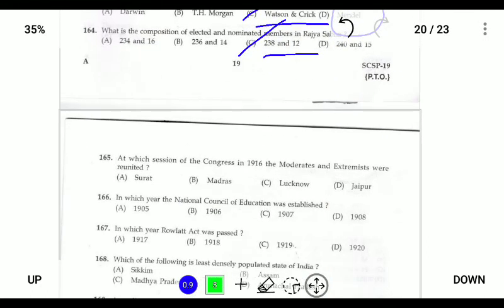Next, in which session of the Congress in 1916 were the moderates and extremists united? It was the Lucknow session of 1916. In which year was the National Council of Education established? It was established in 1907. No, it's actually 1906, sorry.